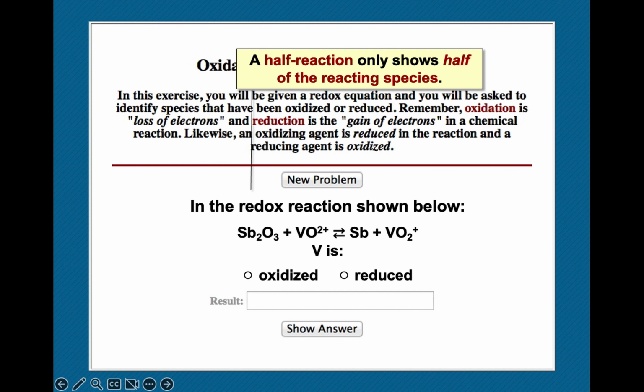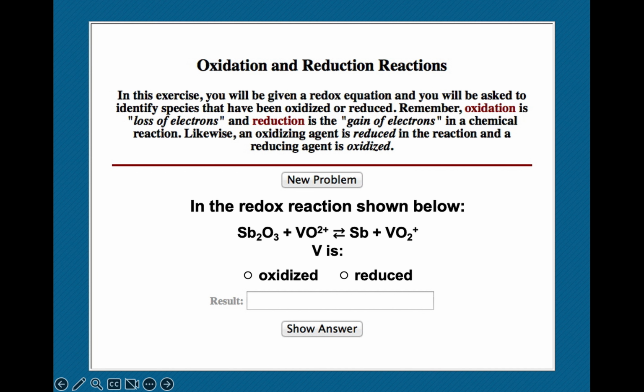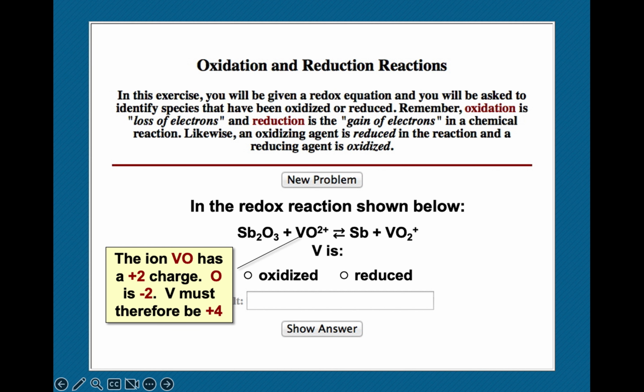So here, our oxygen will be -2. We have one of them, so this is -2. We wind up with a polyatomic with a +2 charge. 2 of them are neutralized here. The vanadium must be +4. On this side, we have two oxygens at -2 each.